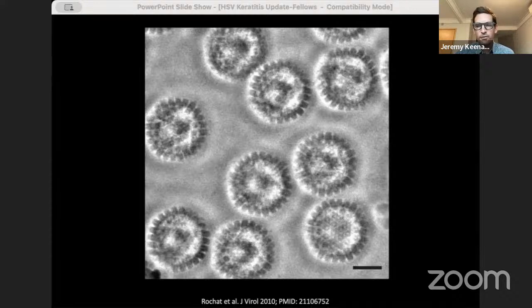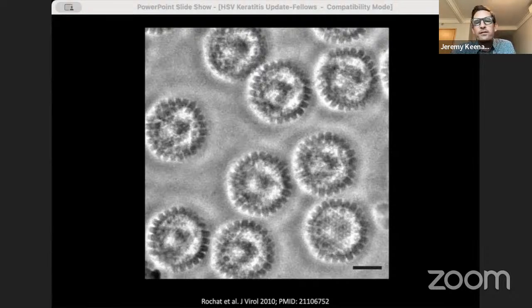It travels retrograde up the nerve into the trigeminal ganglion, and establishes a latent state there, and then we get chronic disease as virus is shed from that latent state over the years. Besides this trigeminal ganglion latent state, there is some animal evidence that there may even be a latent state that can develop in the cornea itself.